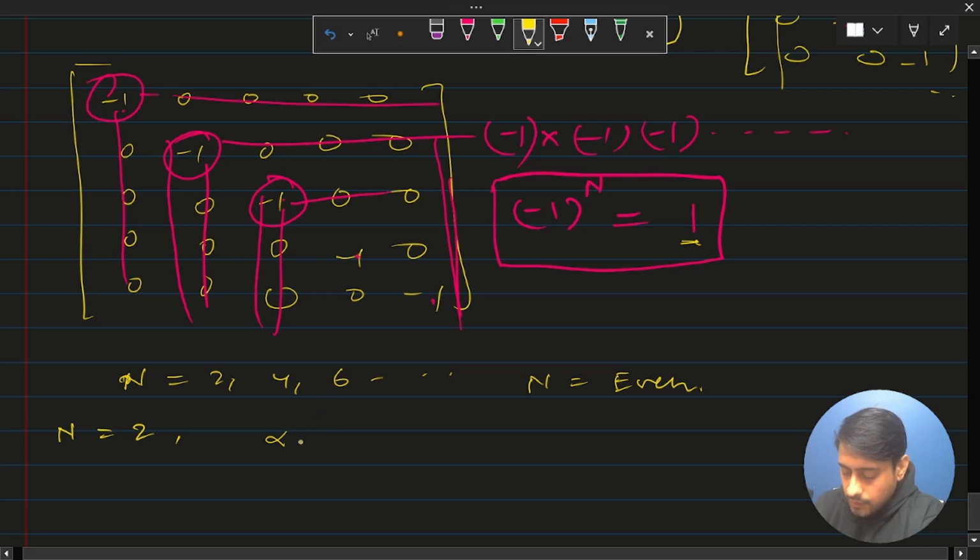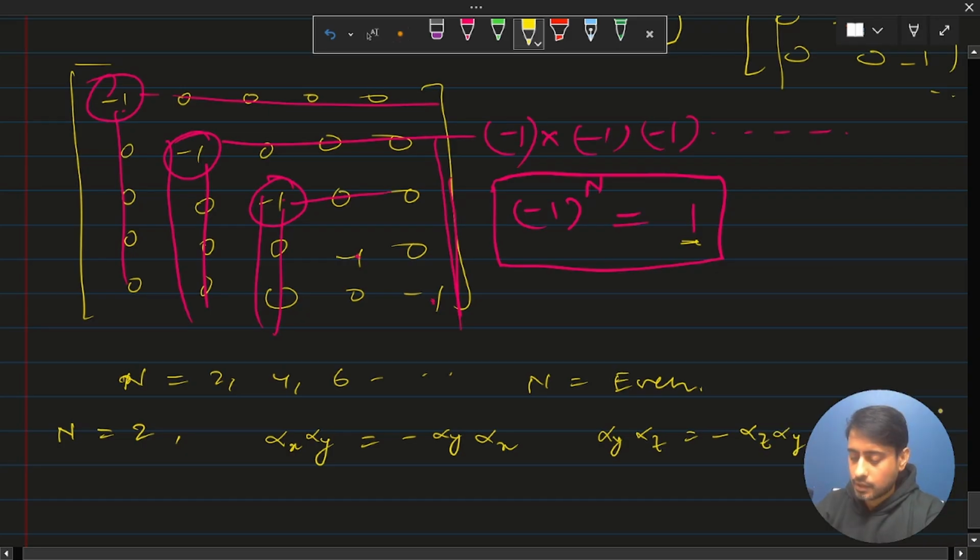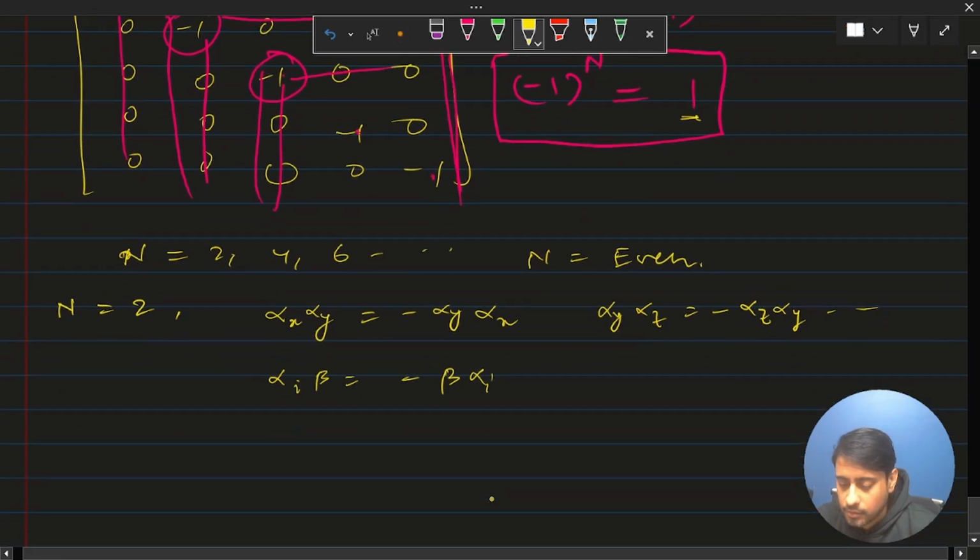What I mean is that alpha x alpha y is minus alpha y alpha x, and similarly alpha y alpha z, as we have already seen, is minus alpha z alpha y, and similarly even alpha i beta is equal to minus beta alpha i, right? So these are anti-commuting matrices. So in 2 dimensions we have anti-commuting matrices.